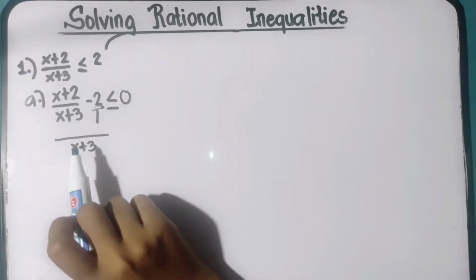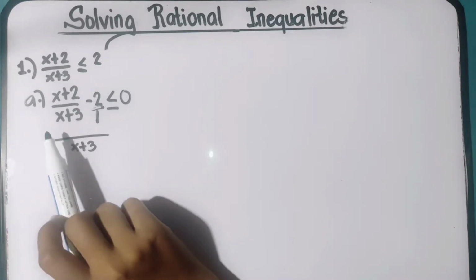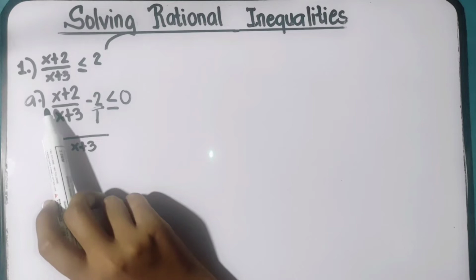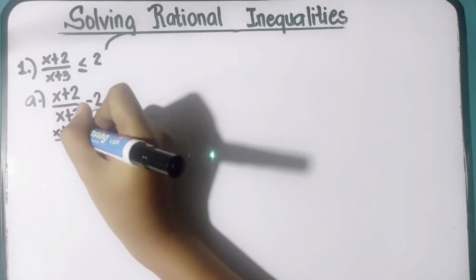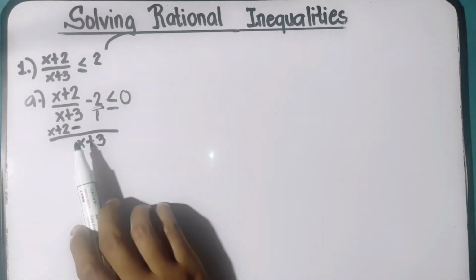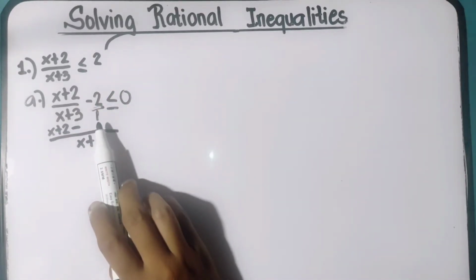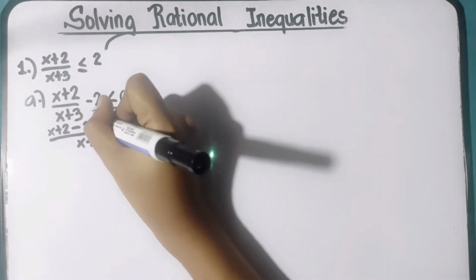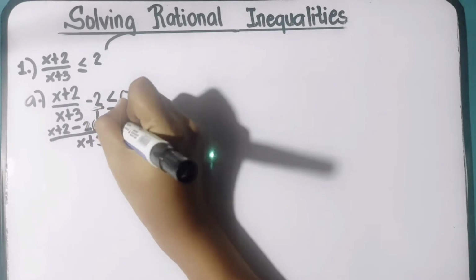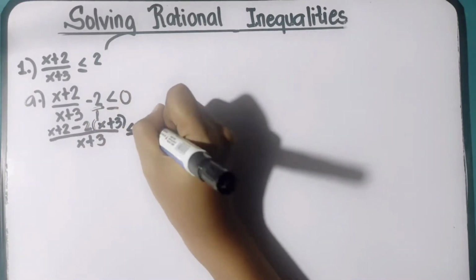Since the denominator of the first term is retained, let us just also copy the numerator x + 2. Minus (x + 3)/1 times 2 is 2 times (x + 3).